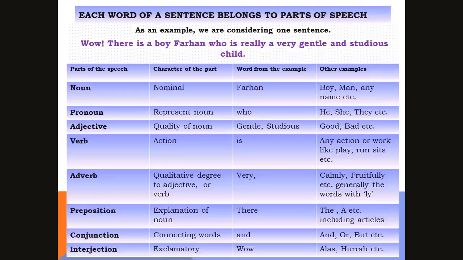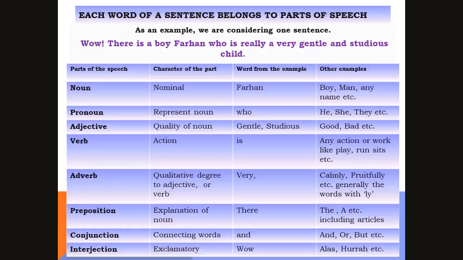If I take one sentence as an example, then it will be very easy to understand how the parts of speech work, and you can easily understand what type of division of parts of speech there is in the language. There are altogether 8 parts of speech in the English language: the noun, pronoun, adjective, verb, adverb, preposition, conjunction, and interjection.